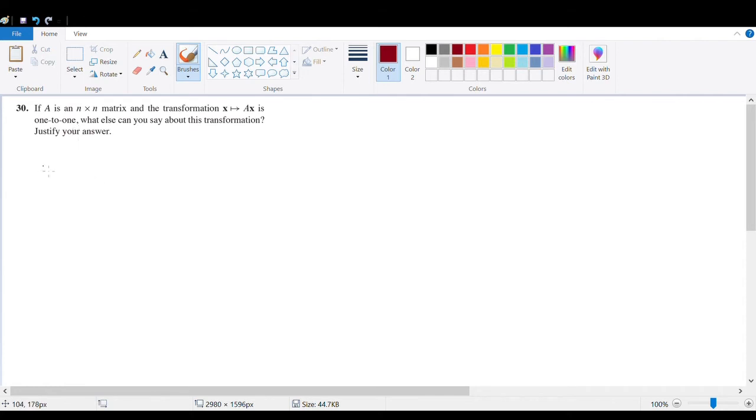Since A is invertible, the transformation will also be invertible. Let us write it here. Since the transformation is one-to-one, that means statement F is true.